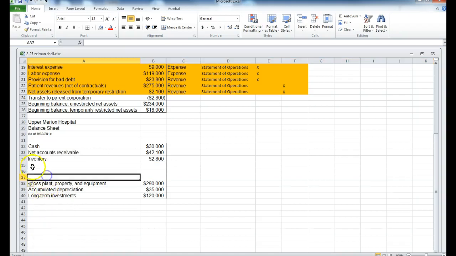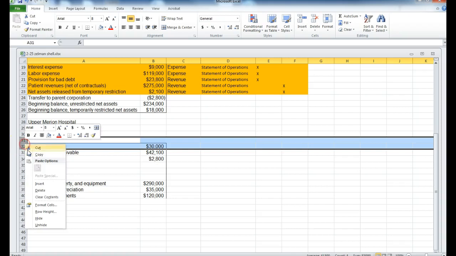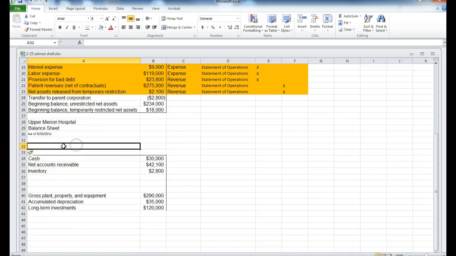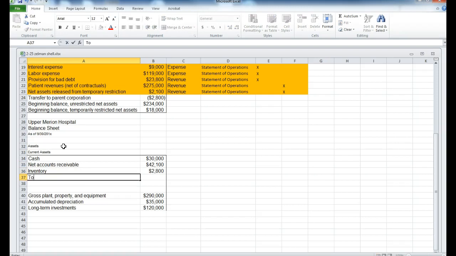long-term assets. So here we have, let's put in a couple lines so we can do this a little bit better. So our first subject or topic in our balance sheet is our assets, so we're going to have current assets. And here we'll have total current assets. Add that up.